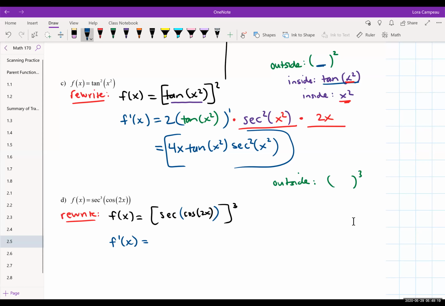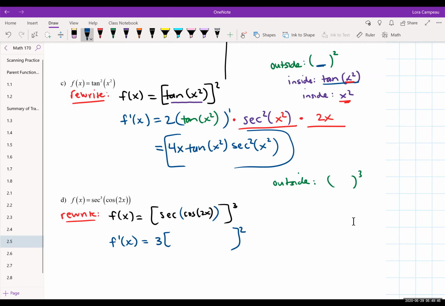But I'll start. Let's take the derivative of the outside. So that becomes 3 times something squared. And if I need to, I'll rewrite the parentheses as brackets to help with the visuals here.